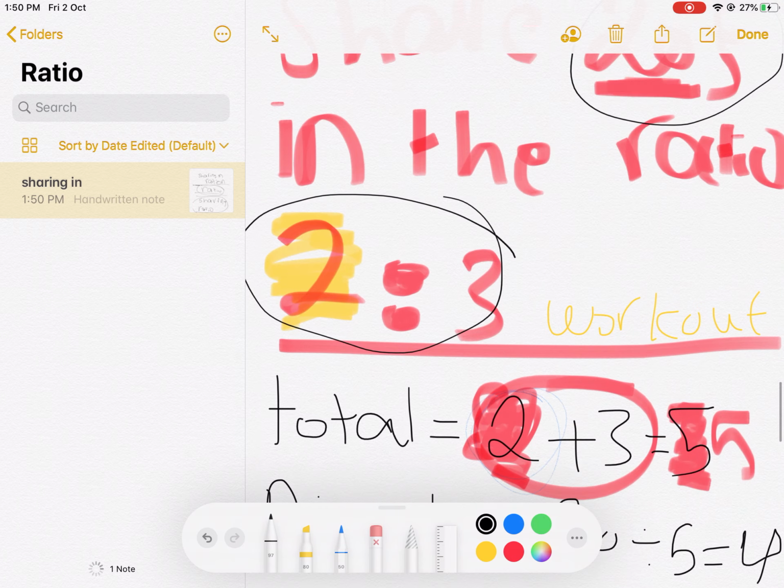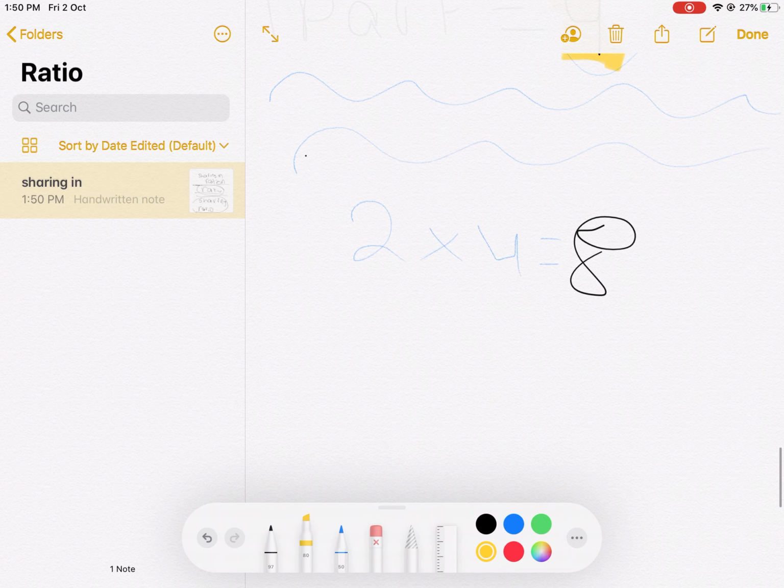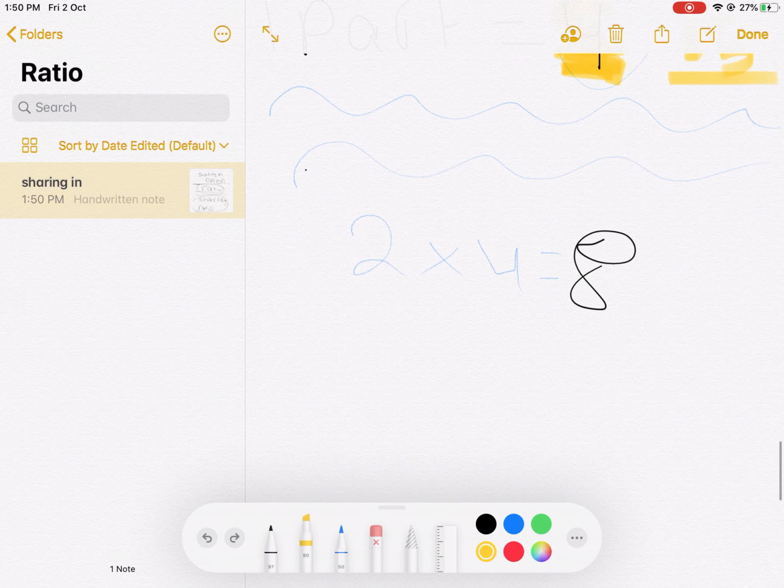Then we times by 3, so 3 times 4 again, because we always multiply. If we have 15, it will still be 2 times 15. So sharing ratio is easy. So 3 times 4, correct, 12.